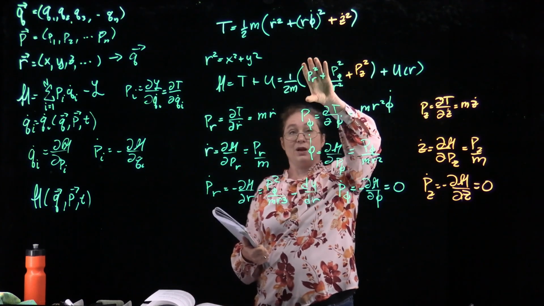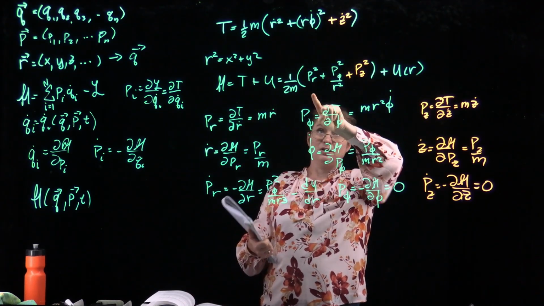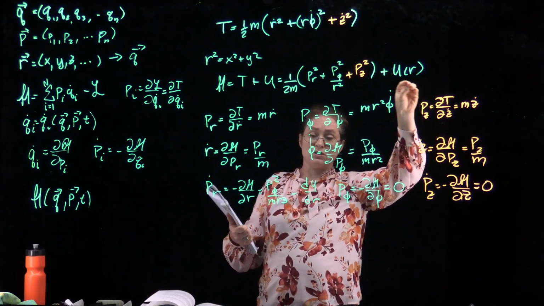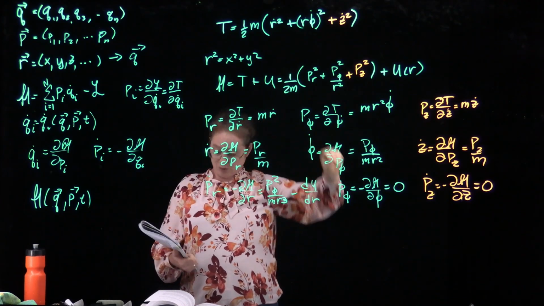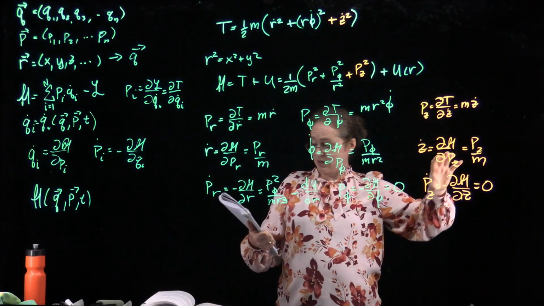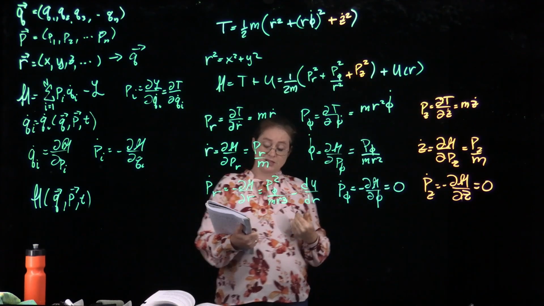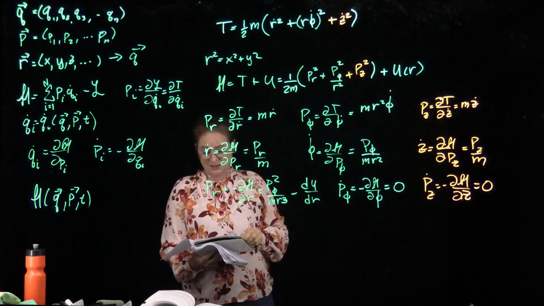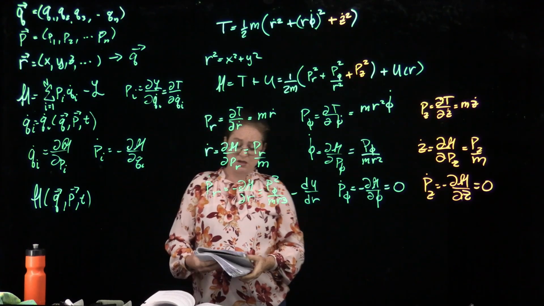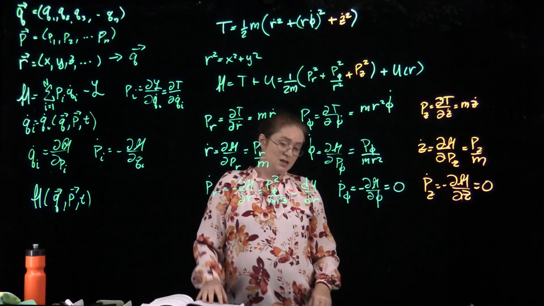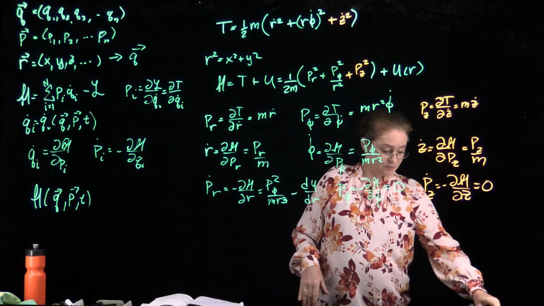Use that to write the Hamiltonian in terms of the p's and q's instead of the q's and q dots. Apply Hamilton's equations. Compared to the Lagrangian approach, this is a few extra steps, but it's not that much extra. And most of the benefits you'd really see if you got into quantum mechanics.